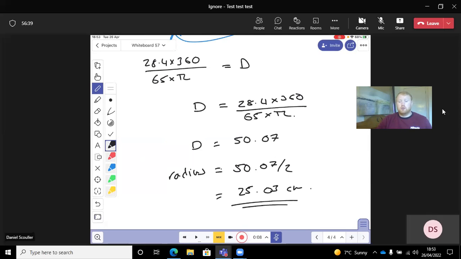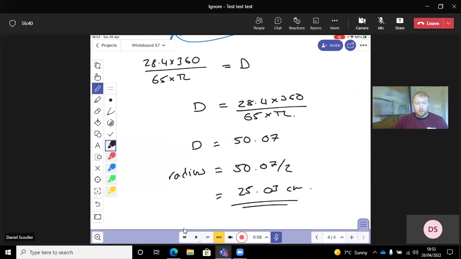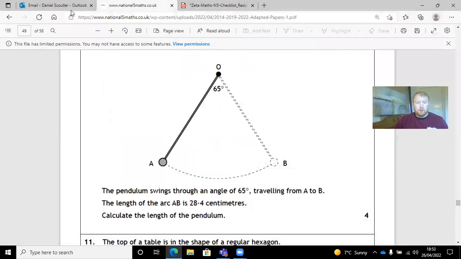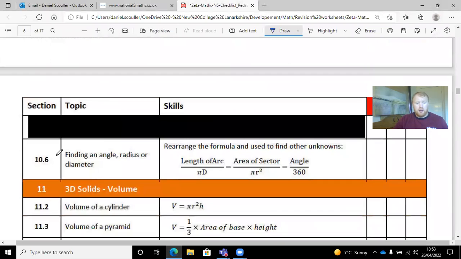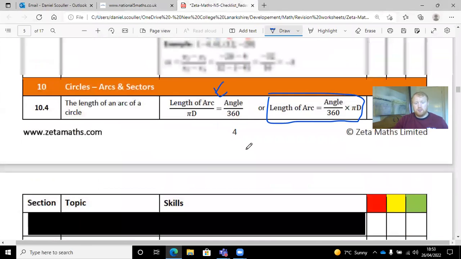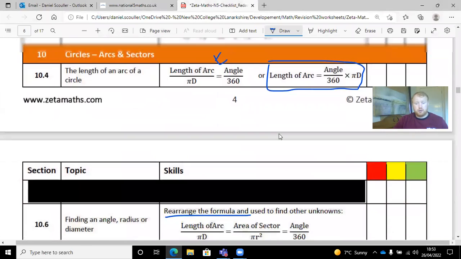Okay, so we're going to move on from arcs then. That was section 10.4 and 10.6 essentially. 10.6 is just rearranging. Those 2 sections are the only places they can go with those questions.